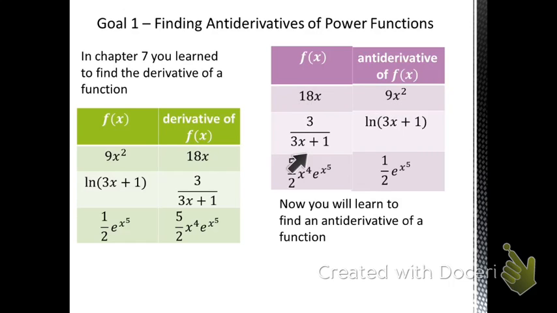The antiderivative of 3 over 3x plus 1 is the natural log of 3x plus 1 because the derivative of the natural log of 3x plus 1 gives you 3 over 3x plus 1. Same thing is true here: this is the antiderivative of this because when you differentiate 1/2 e to the x to the 5th power, this is what you get. Hopefully that makes a little bit of sense. Antiderivatives are the opposite of derivatives.